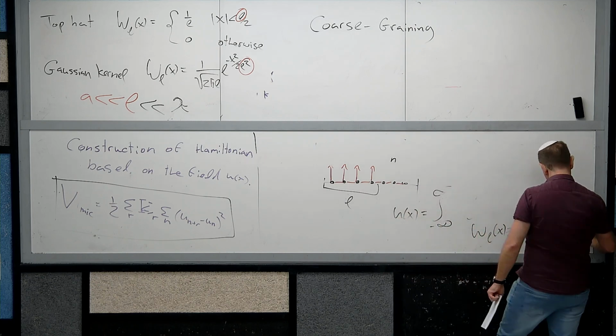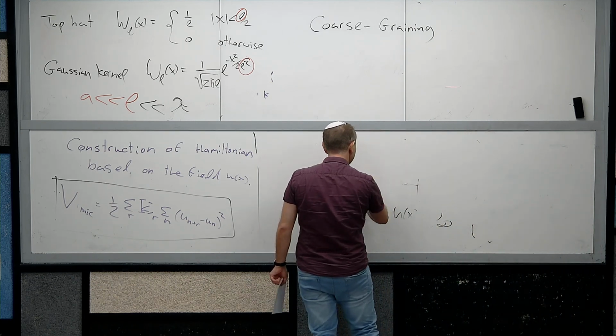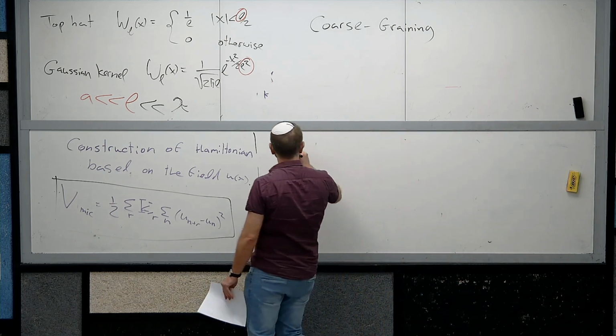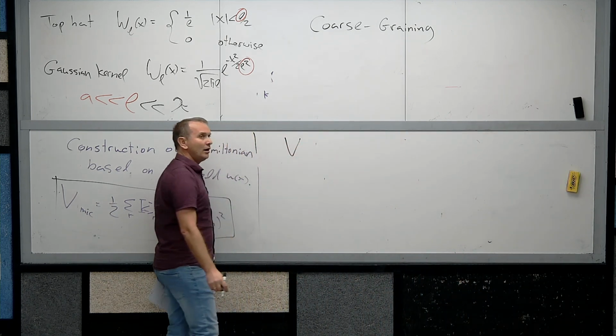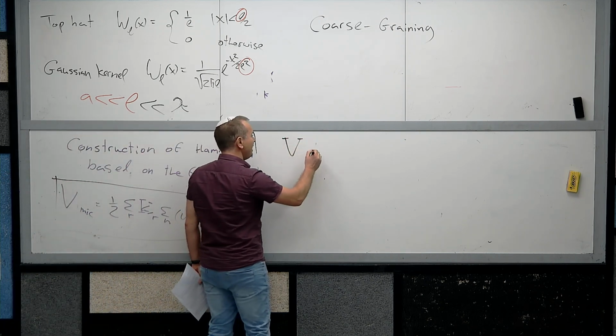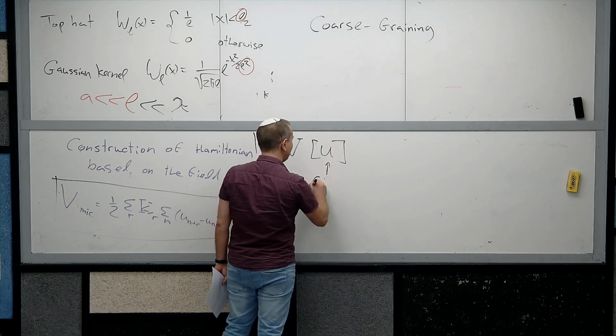And the idea that was first, I think, described by Ginzburg and Landau is to say the following thing. We will write our Hamiltonian or potential energy as a function now of our field u.